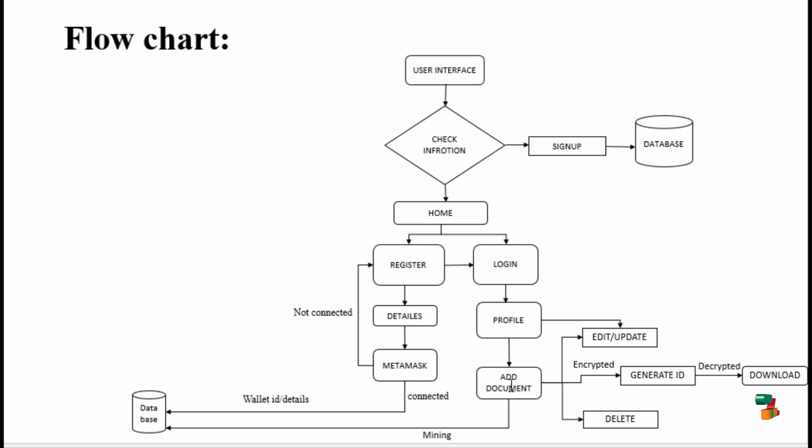There are edit and delete options, with buttons to update modified documents. When a document is added, an ID is generated. It has an encryptor, and a JSON JWT hash value will be generated. Then it will be decrypted to download the documents.